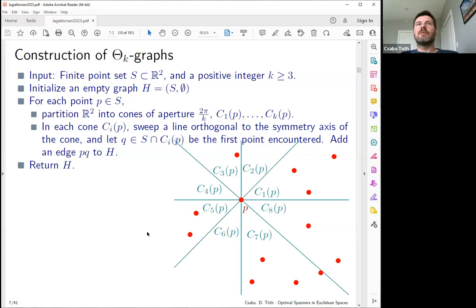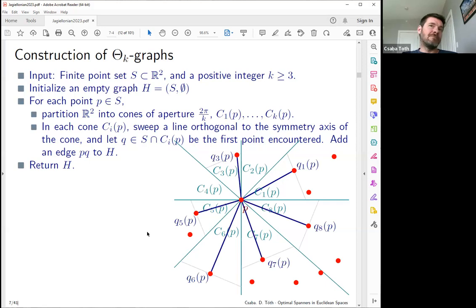Closest is in a polyhedral metric, where you just sweep the cone with a line orthogonal to the axis of symmetry and find the closest point. This polyhedral metric is helpful for computation. One can use data structures to find this closest point more efficiently than the Euclidean closest.